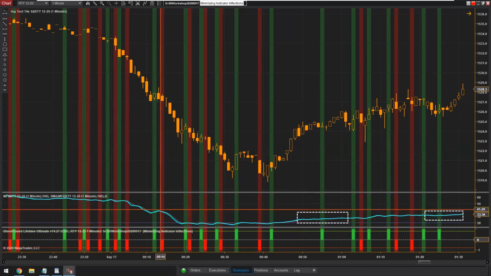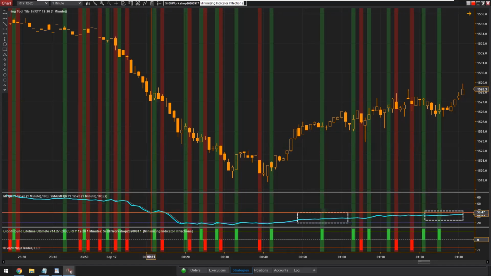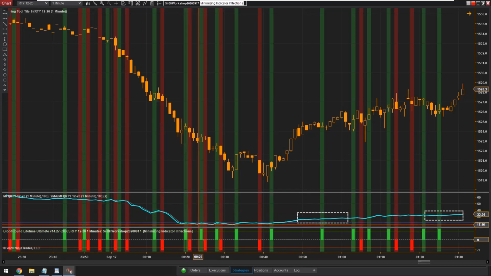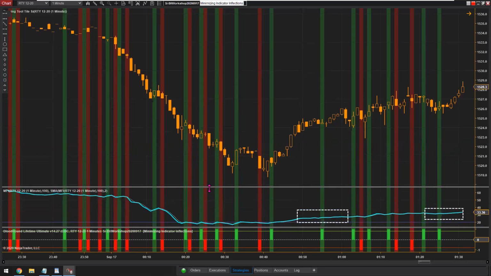So this larger inflection over here, those inflection points are identified, great. These inflection points that are easy to see, when your indicator is squished like this, those are all showing up. This one, those two. But back in here, we are getting an inflection up.